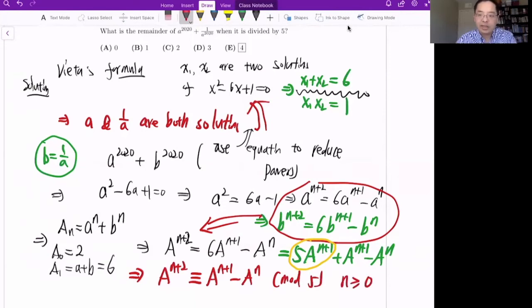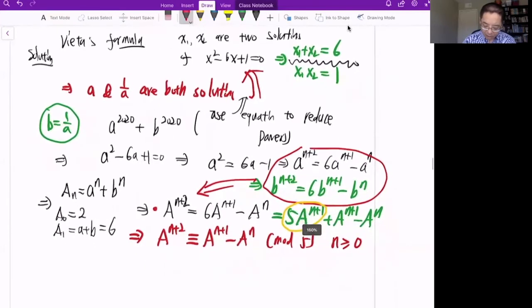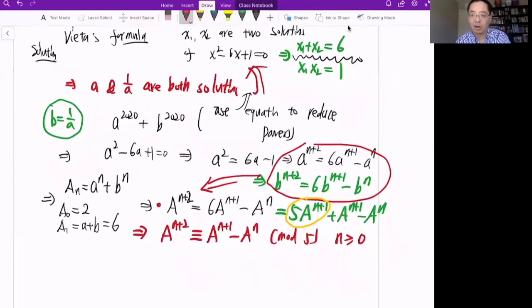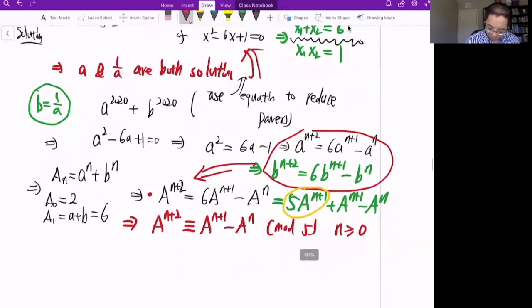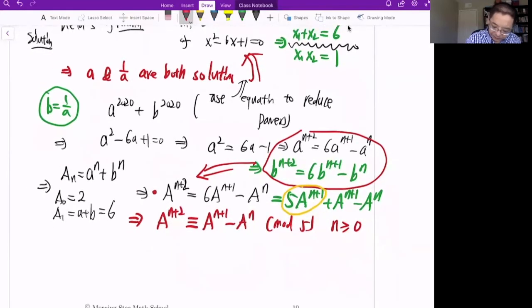This gives us a recurrence relation. Since A_0 is 2 and A_1 is 6, you just go up by this formula, and all the A_n are integers, so I can work with remainders. Now all we need to do is find the pattern. So let's start from the first one.